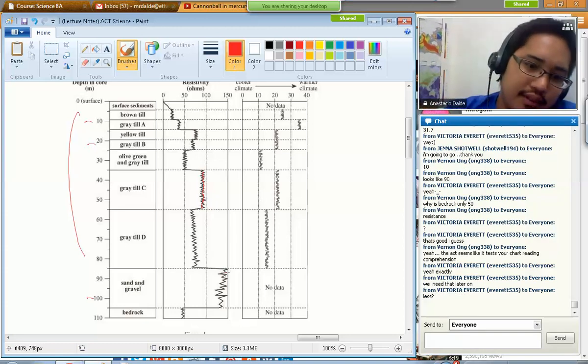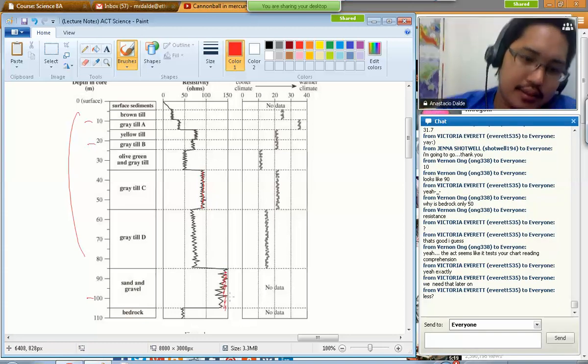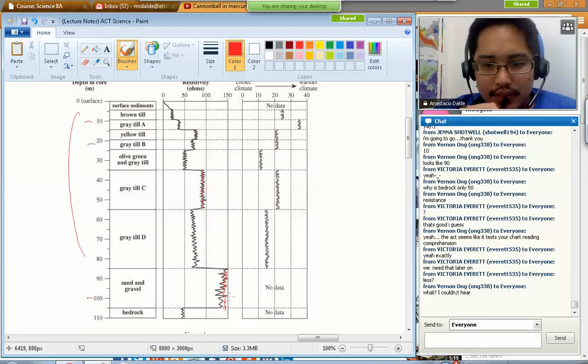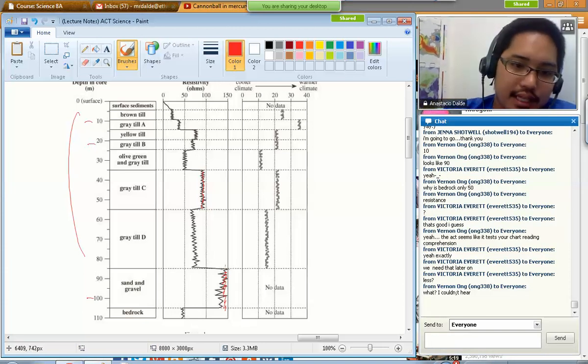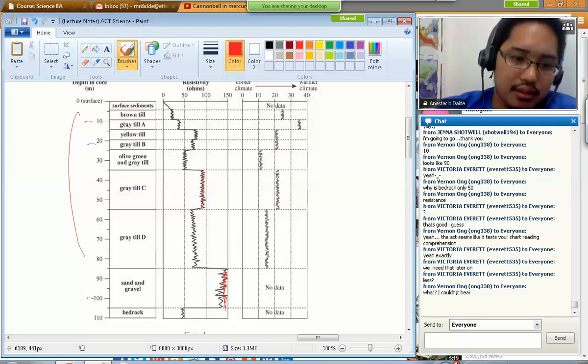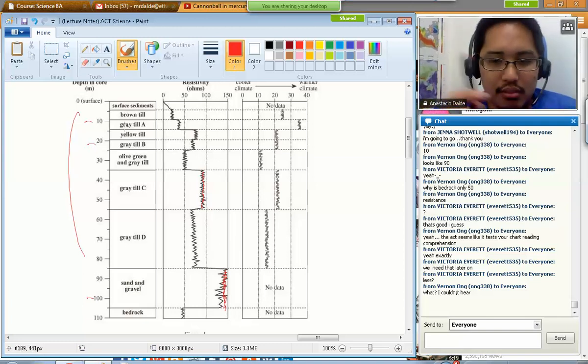The resistivity of sand and gravel is up here. Compare the resistivity of the sand to the resistivity of all the other tills. What can you tell me about it?